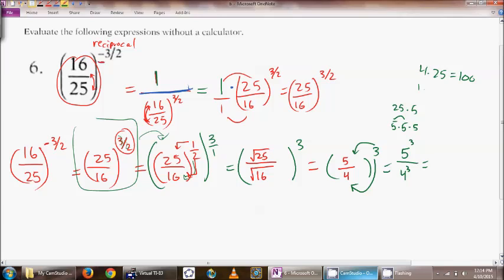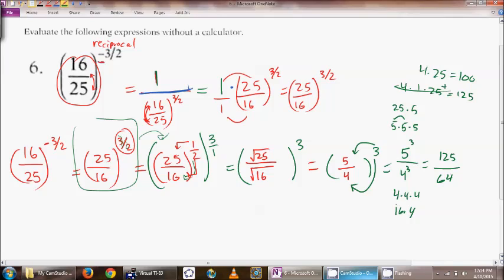If I add one more 25, I get 125. Okay, so this is 125 in the numerator, and then in my denominator, it's 4 times itself, 3 times. Well, that's 16 times 4, that's 64. So this is really 125 over 64.